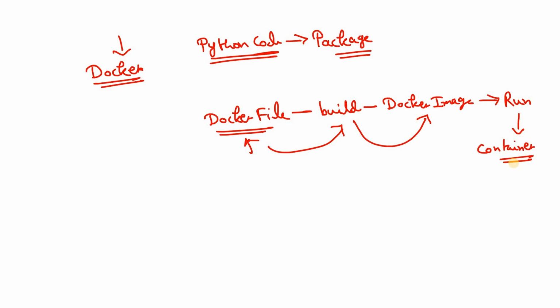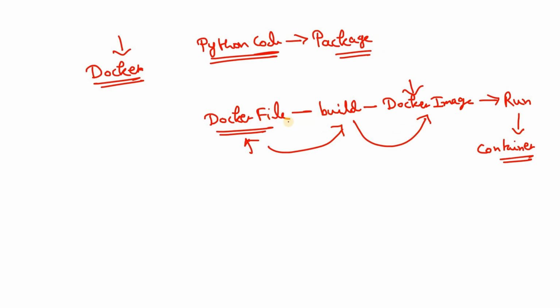One is the Dockerfile that we need to create, where we put all the installations or steps we have to perform to start our application. Then we build this Dockerfile and get a Docker image, which is just like a Python package. When we build a Python package, we do a pip install and can start using it.